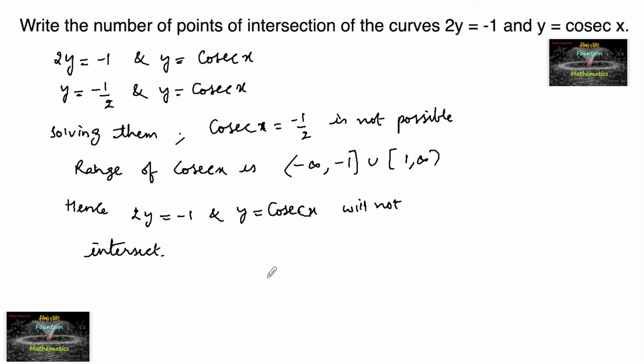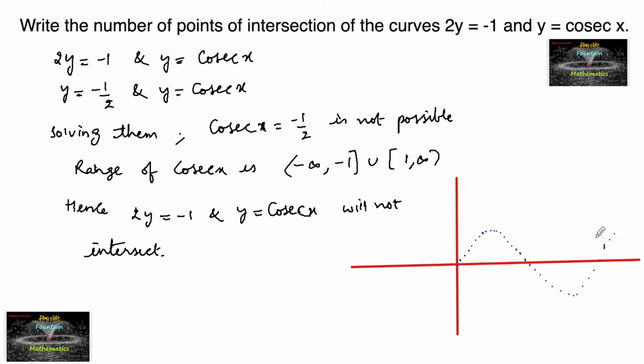So you can also check in the graph. Cosecant is a reciprocal of sine and this is a sine graph. And hence the cosecant graph will be, this black colored sketch is the cosecant graph, the dark one.